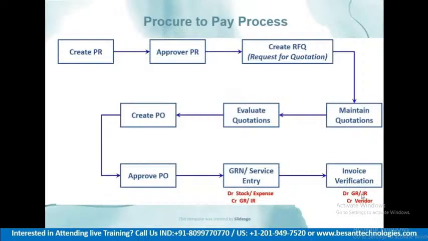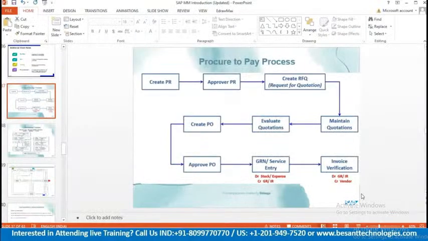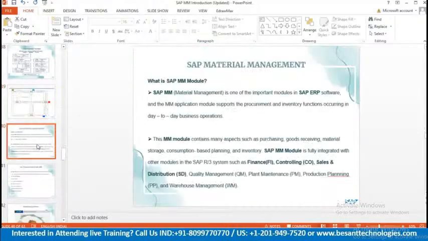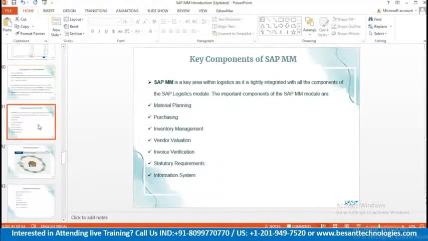So this is how a P2P process goes on. Procure to pay: from the moment you raise a purchase order, or procure a material, till you pay the vendor, all this process is called procure to pay. So this is the cycle of MM consultants.